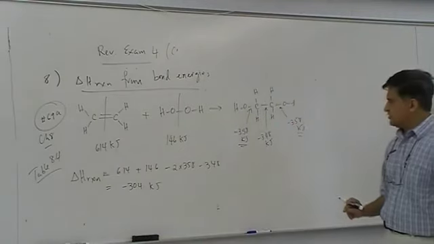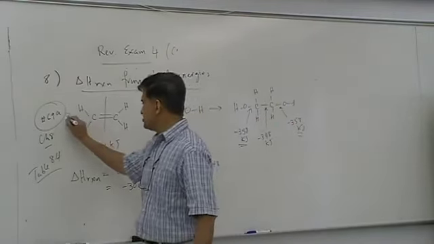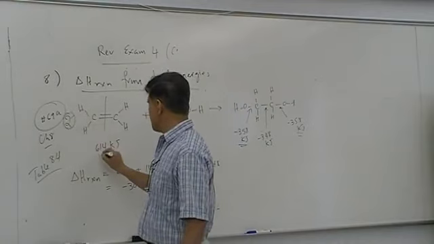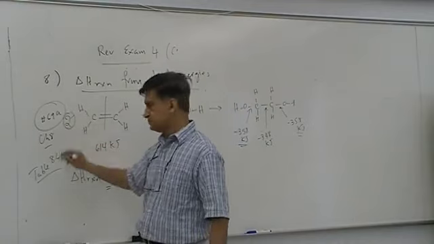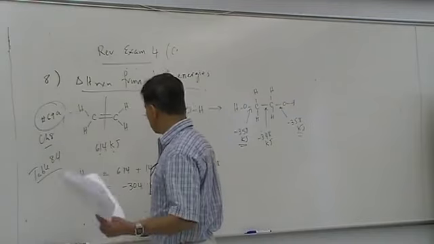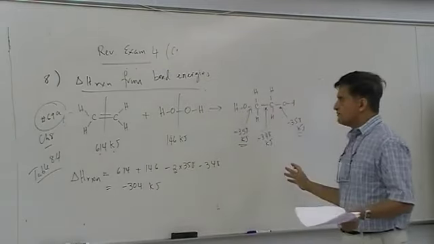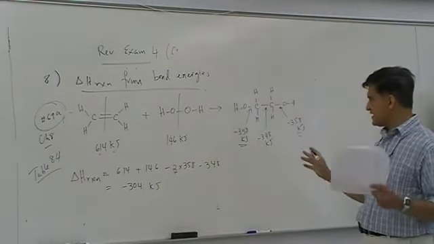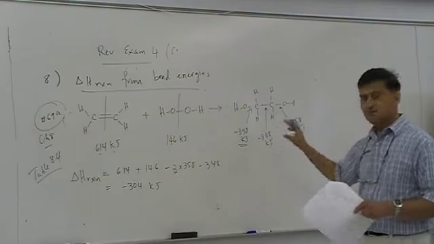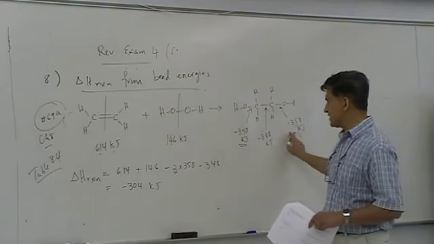I want to caution you that sometimes you may have 2 in front of a molecule. If I have 2 in front of this, that means I need to multiply this number by 2. Or if I have 2 similar bonds that I need to break, again, you need to multiply by 2. Just like here, you have to multiply by 2. So pay attention to the fact that when you're making a bond, use the same value of the energy, except the sign gets changed from positive to negative.